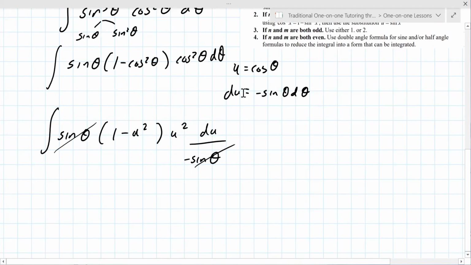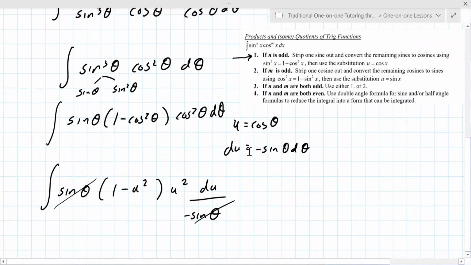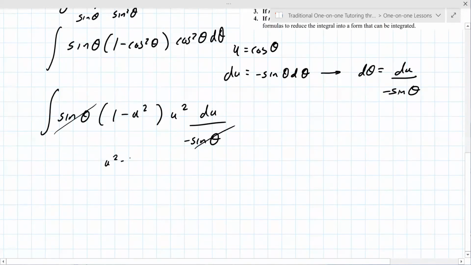Because you're solving this for d theta. This d theta equals du over minus sine theta. Okay, so this negative, now we're going to apply it to each of these, so it flips the order. It becomes u squared minus 1 times u squared. And then you distribute in u to the 4th minus u squared du.